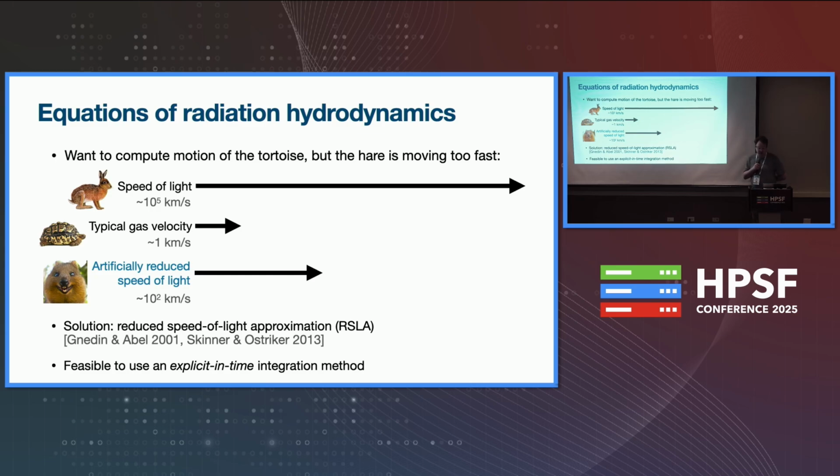So we artificially reduce the speed of light to a factor of 10 or 100 of the maximum fluid velocity. This is the so-called reduced speed of light approximation, which has been used in astrophysics for a couple of decades now, and makes it feasible to use an explicit in time integration method. This doesn't work in all regimes of radiation hydro, but it works for the regimes we care about the most, with one exception I could talk about in the Q&A session.